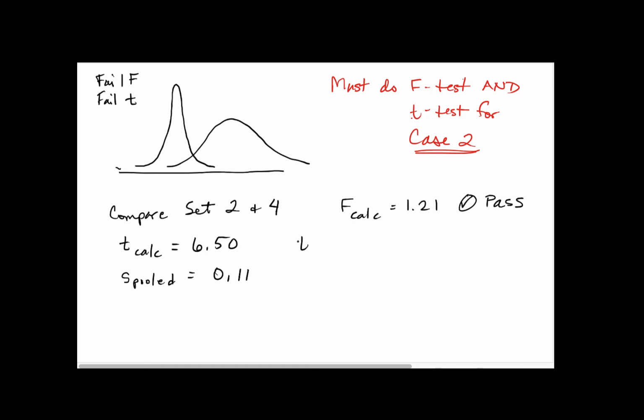Now, I know that my table value was approximately 2.1, which means that sets 2 and 4 are not statistically equivalent, and we cannot just assume that these are two equivalent sets of pH values.